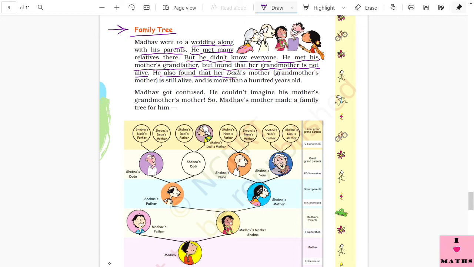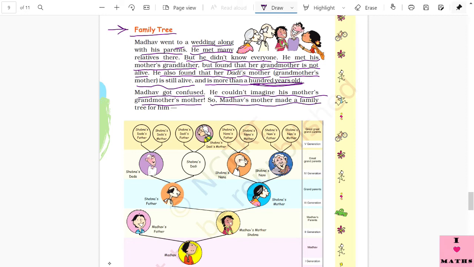He also found that her dadi's mother, grandmother's mother, is still alive and is more than 100 years old. Oh my God. Madhav got confused.